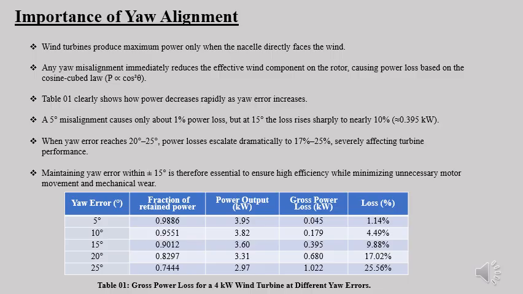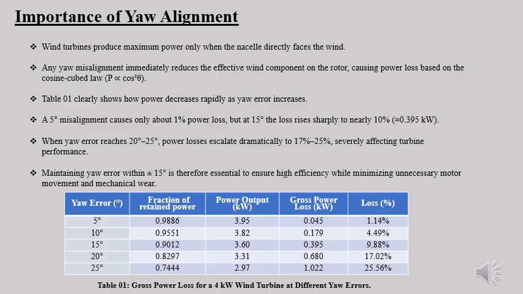When the misalignment reaches 20 to 25 degrees, the loss increases to the range of 17 to 25%. For this reason, the smart air control system in this project uses a plus minus 15 degree limit.